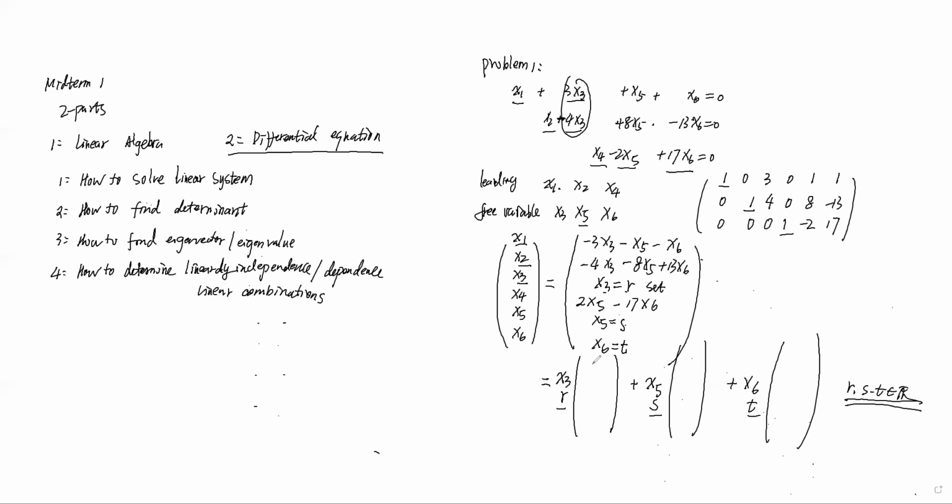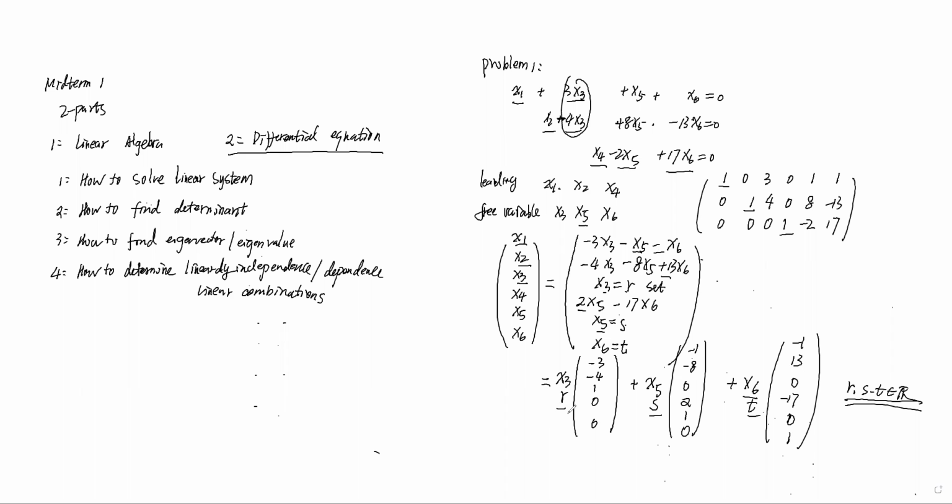For x3, the vector is negative 3, negative 4, 1, 0, 0, 0. For x5, it is negative 1, negative 8, 0, 2, 1, 0. For x6, it is negative 1, 13, 0, negative 17, 0, 1.